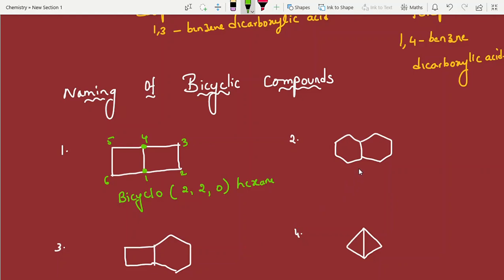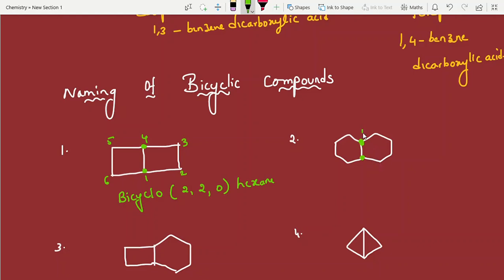Look into this, students. Here this is bridge. To reach this bridge, if I jump like this, direct jump, 0. No need to cross any carbon. But if I go like this, give numbering here also.